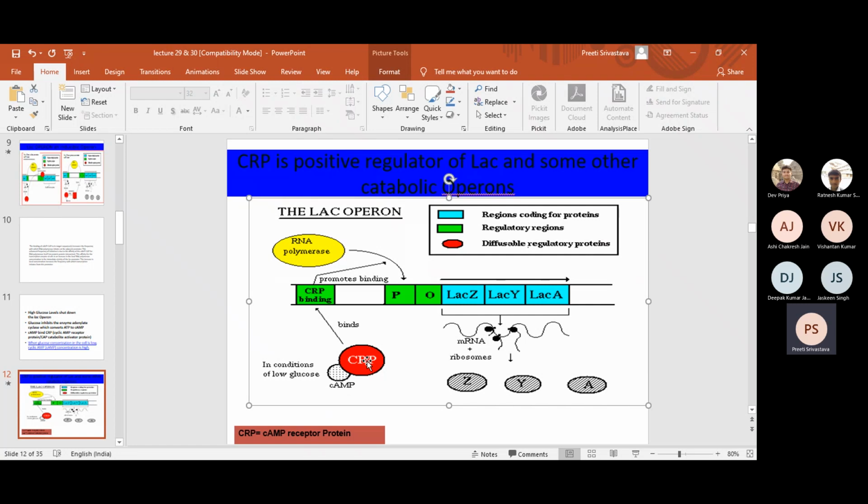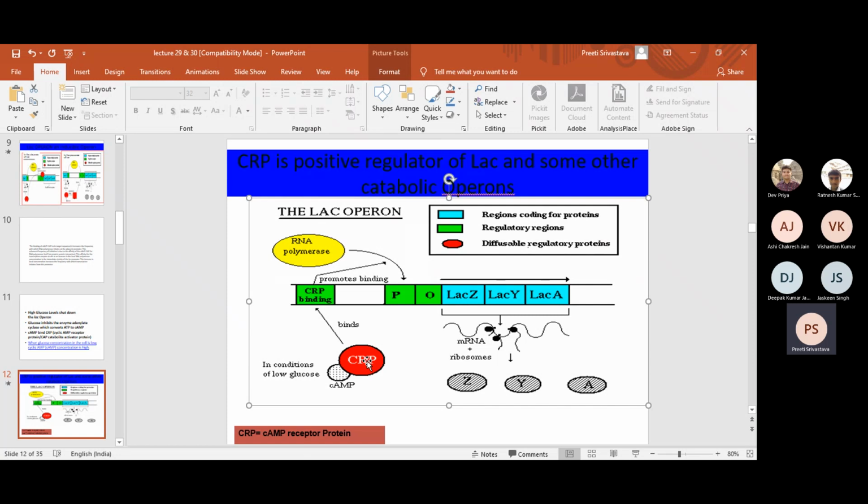CRP in the case of the lac operon is a positive regulator, but just to tell you, CRP can serve as a negative regulator as well. There are reports where it can serve as a negative regulator. So let's see how, in the case of the lac operon, it serves as a positive regulator.